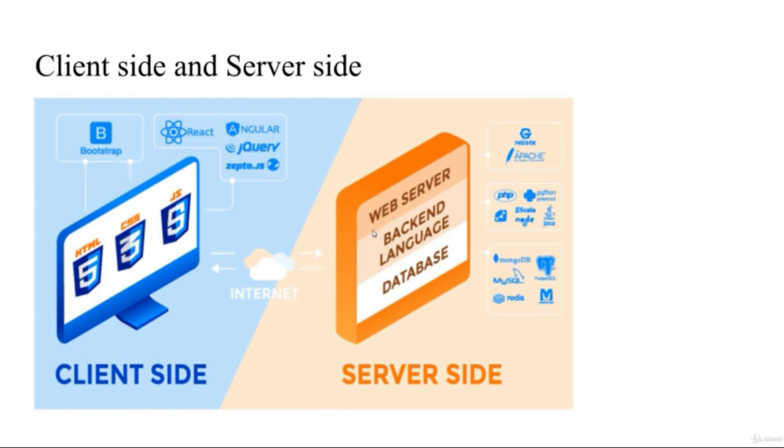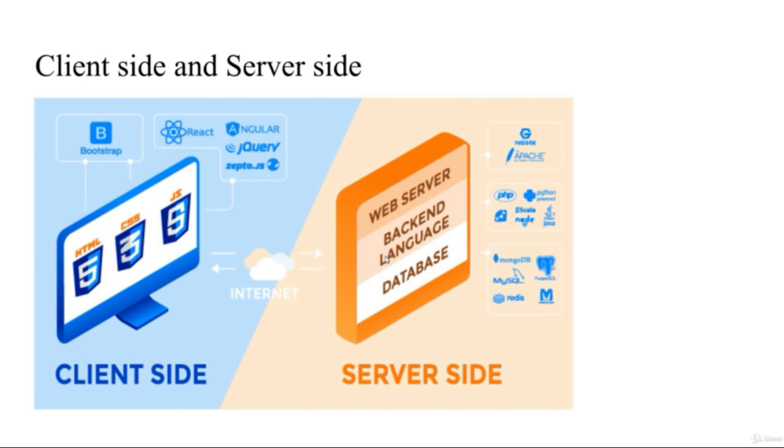And then on the server side, you have a different stack of elements. You have the web server itself, and that's the server that just contains all the different files in a certain location on the computer that is the server. And it has a specific IP address so that the client can find it.